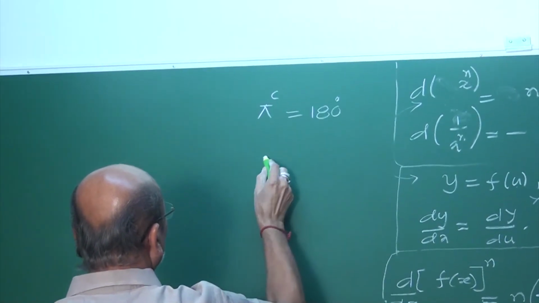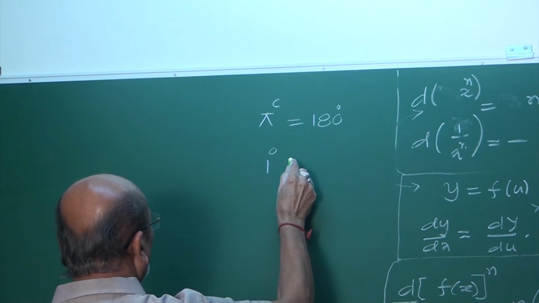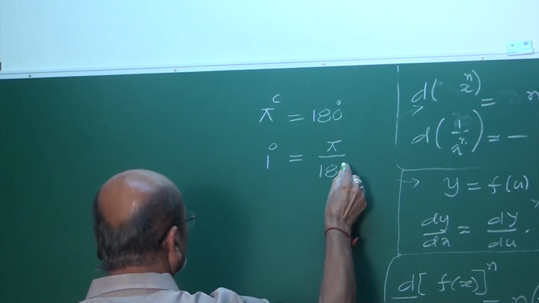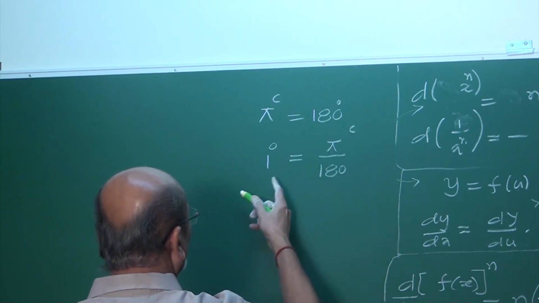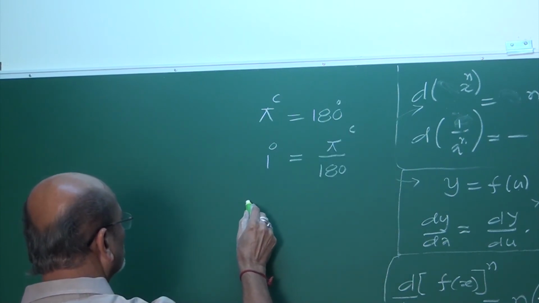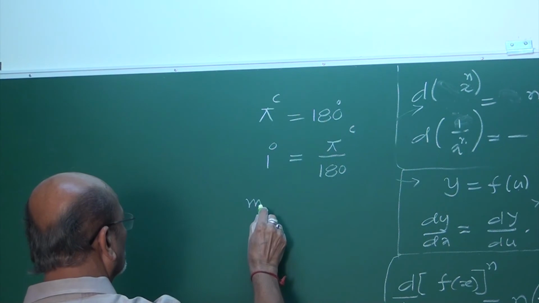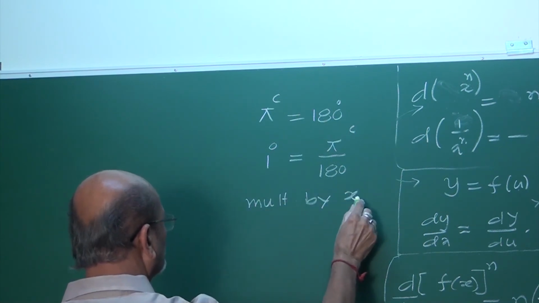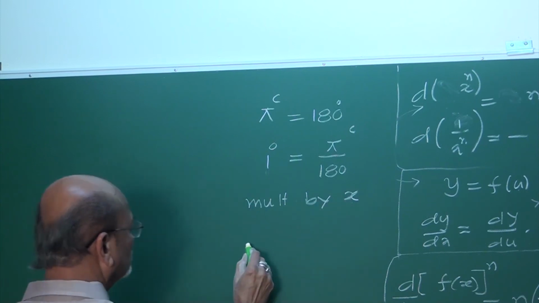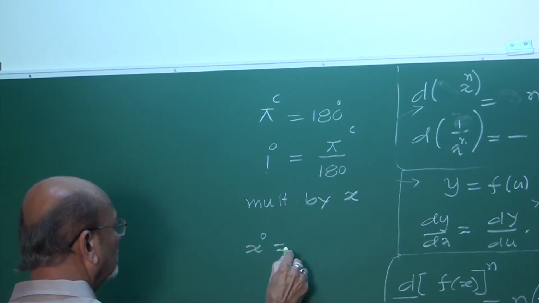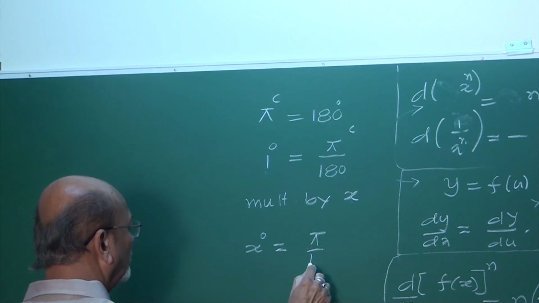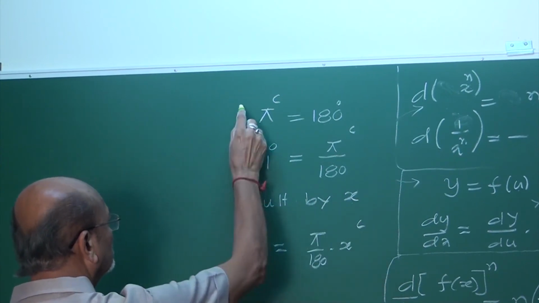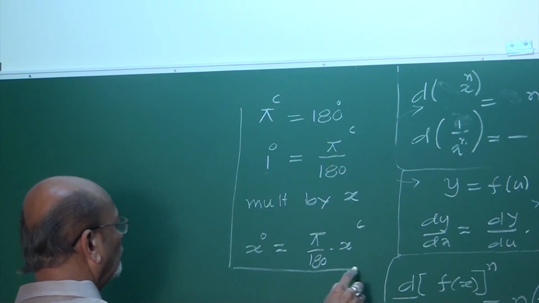Tell, what is 1 degree? 1 degree is pi upon 180 radians. Then you wanted x degree. Multiply both sides by x. 1 degree into x, x degree, is pi upon 180 into x radians. This you write as a note we need.